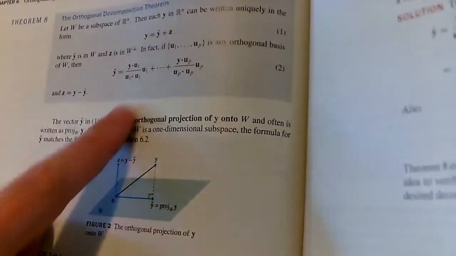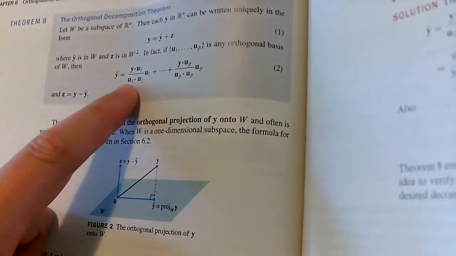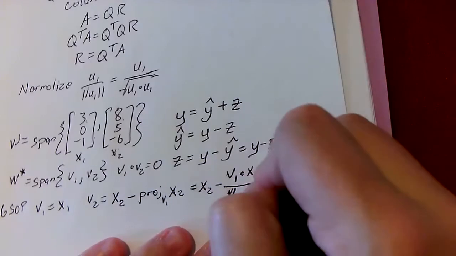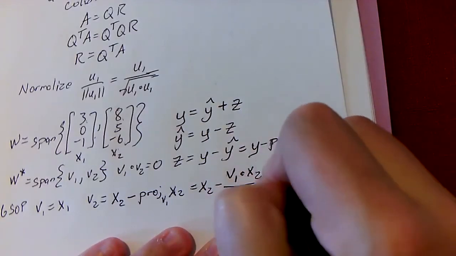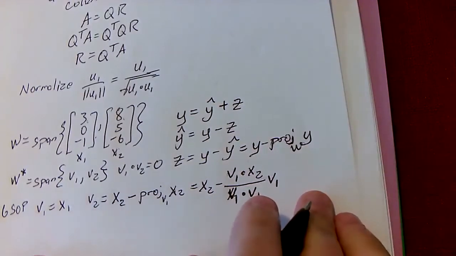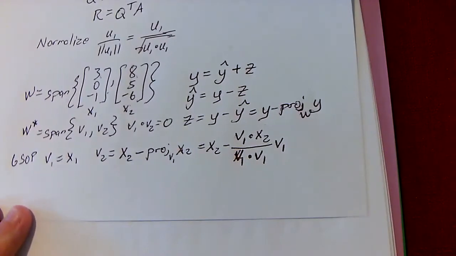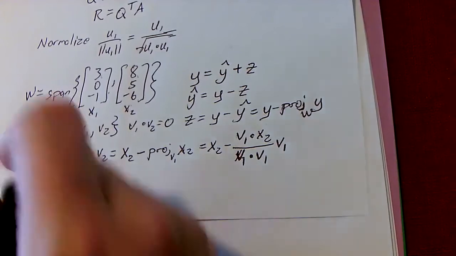So you see that formula there for the orthogonal projection. Notice the U1 is on the bottom, and then we multiply it by that U1 vector. So we're projecting it onto U1. In this case, we're projecting it onto V1. So V1 is going to be the vector I'm multiplying by. All right, so we're making progress. V1 is equal to X1.